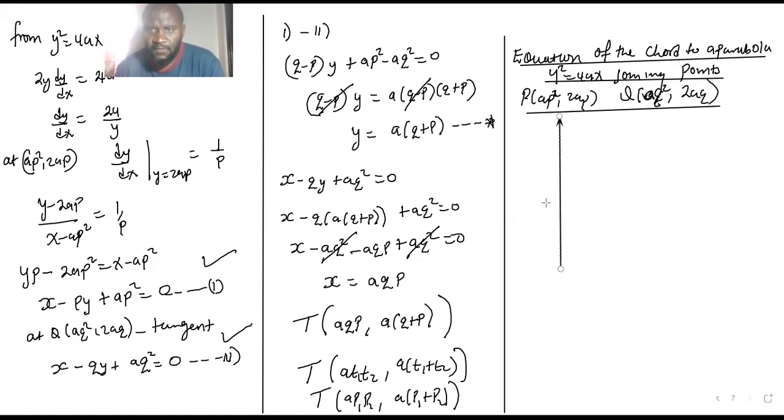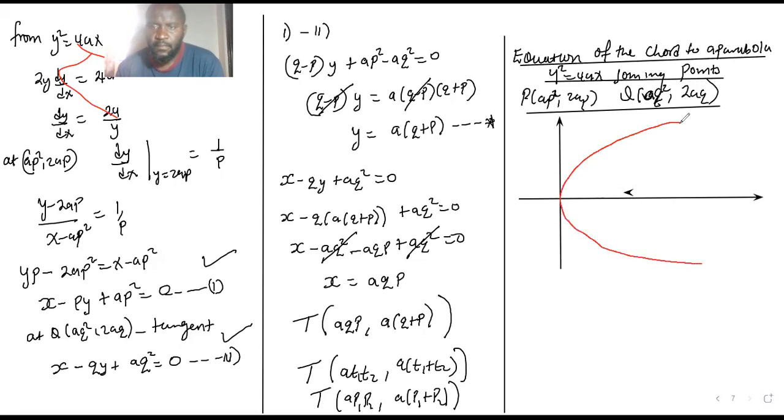So this is another definition. You can bring a parabola of this kind, and they can tell us we have a point here and a point there.